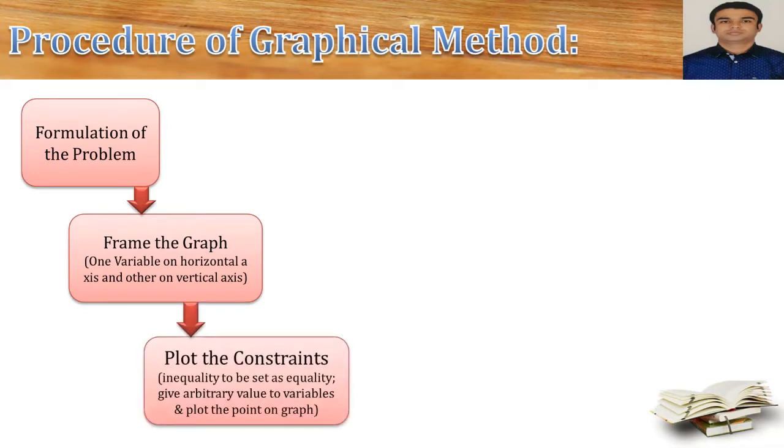Next step is to plot the constraint. Assume the constraint as an equality and assume arbitrary values for it, and plot those points on the graph paper. Now, what is an arbitrary value?